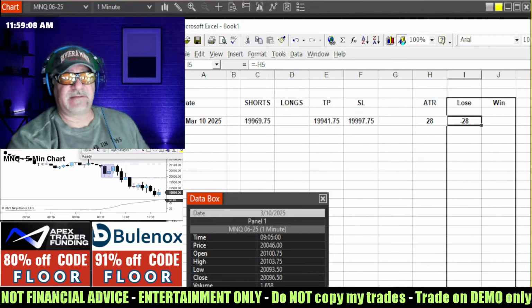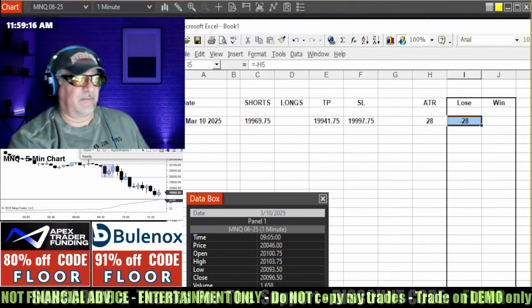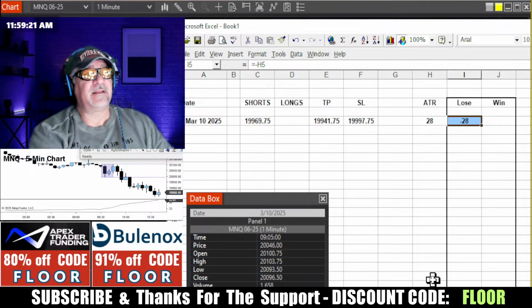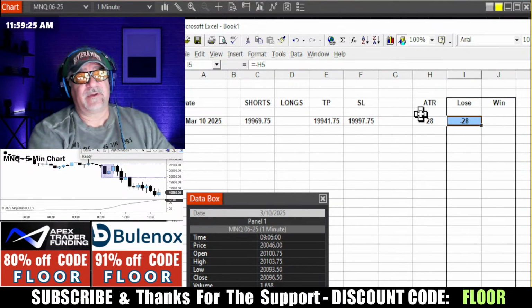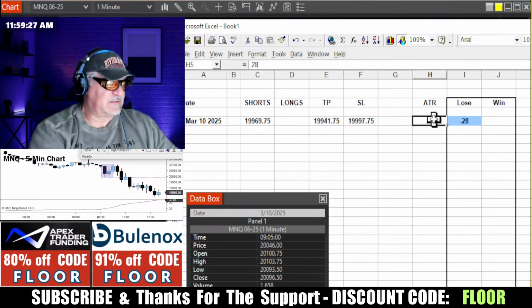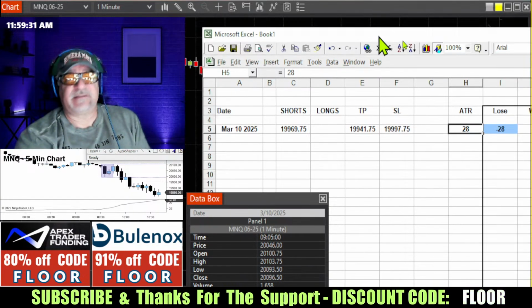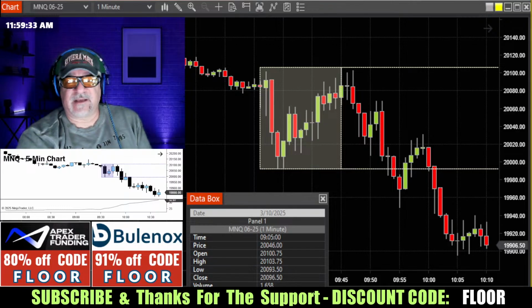So I'm going to make this yellow. I'm going to change the color of it, or let's say light blue. And now I know that my way lost 28 points in NASDAQ, but they had a winner. And I know the winner's ATR, 28 points. So they did better on that one.